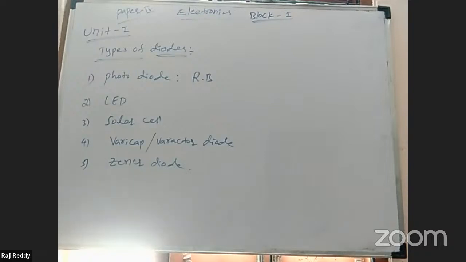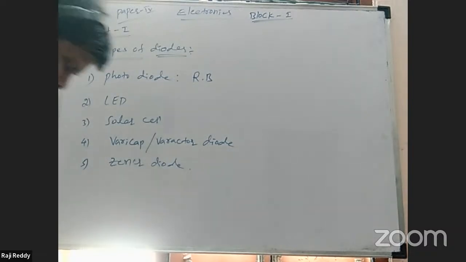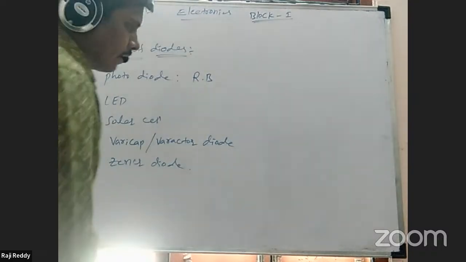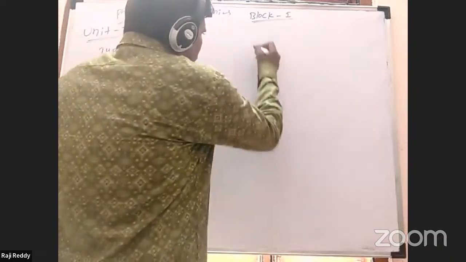A reverse biased PN junction diode has a reverse saturation current. If light is allowed to fall on such a reverse biased PN junction diode, additional electrons are generated in both the P and N regions. For example, we'll see the diagram.